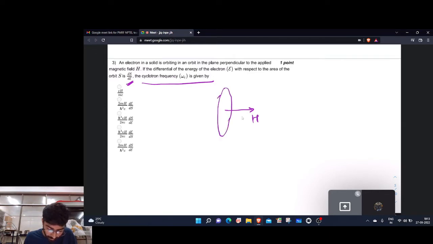The electron is orbiting perpendicular to the applied magnetic field. The differential of the energy of the electron with respect to the area of the orbit S, where S is the surface area of the orbit.